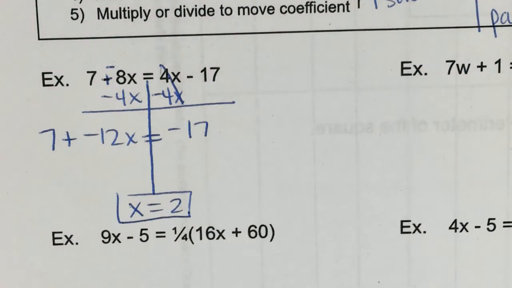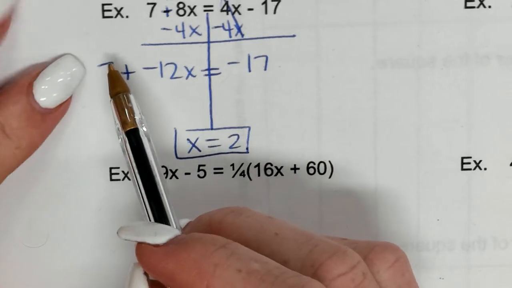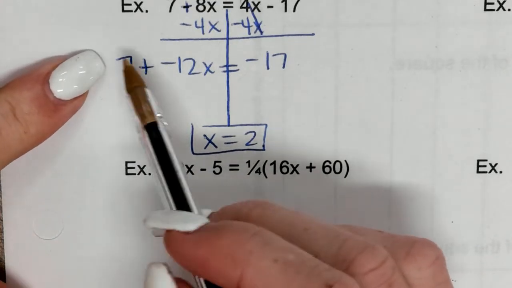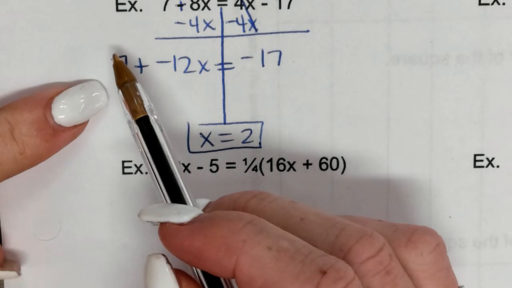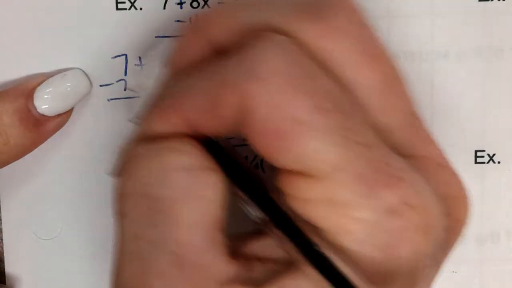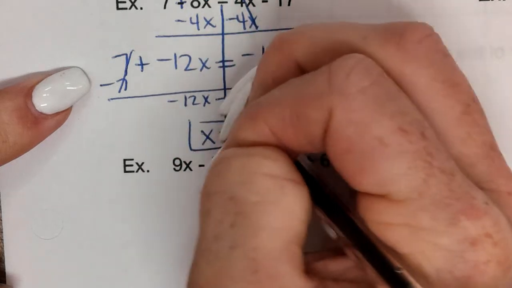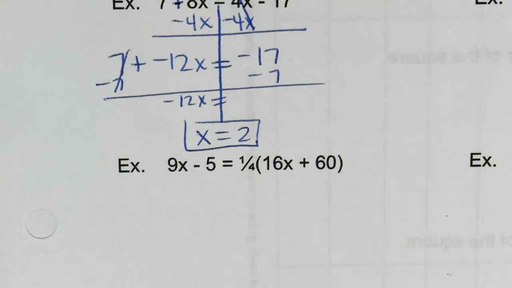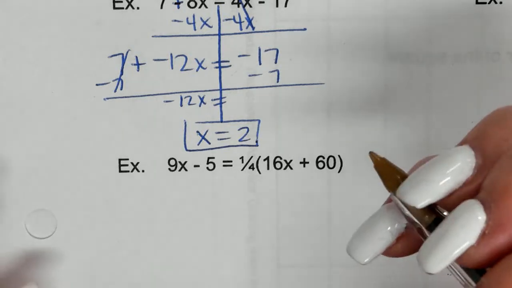Negative 17. All right, my goal is to get the x by itself, so I need to move the constant by adding or subtracting. How am I going to move 7? So I have negative 12x equals, and again, that's negative 17 plus negative 7, which is negative 24.